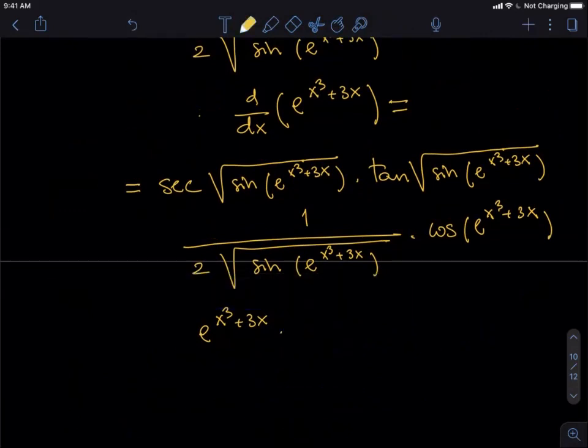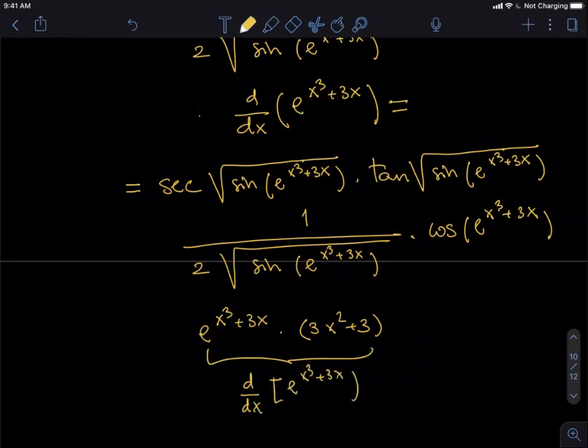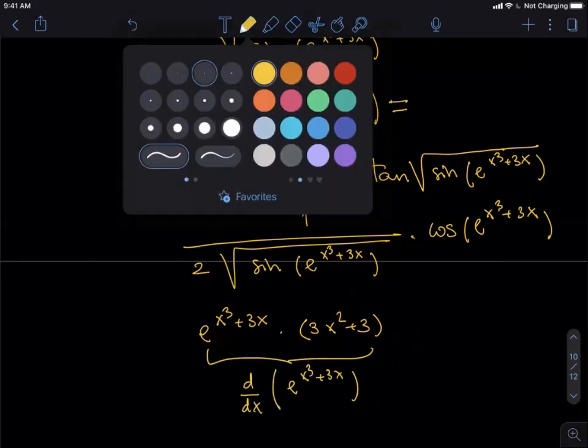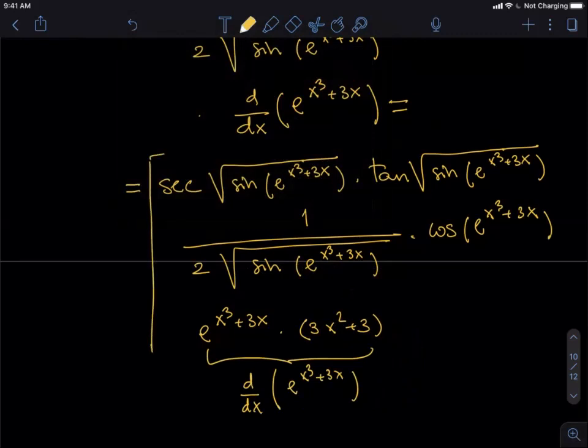And then we need to write the derivative of x to the power 3 plus 3x. But this is 3x squared plus 3. So let's just put it here. Okay. And be done with it. Just to be clear, this is the derivative d/dx of the exponential of x to the power 3 plus 3x. Okay. And this little monster here is the derivative we were looking for.